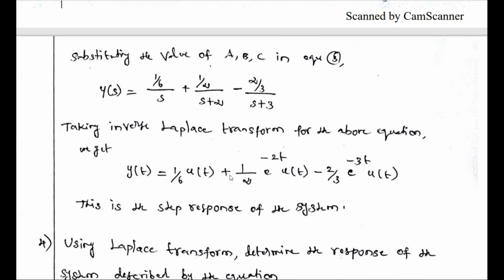Then plus 1 by 2, and the remaining term 1 by (s plus 2). Which signal has the Laplace transform 1 by (s plus a)? e power minus at. So e power minus 2t u of t. Then minus 2 by 3, the inverse Laplace transform is e power minus 3t u of t. Okay, so that's all. This is the step response of the system.